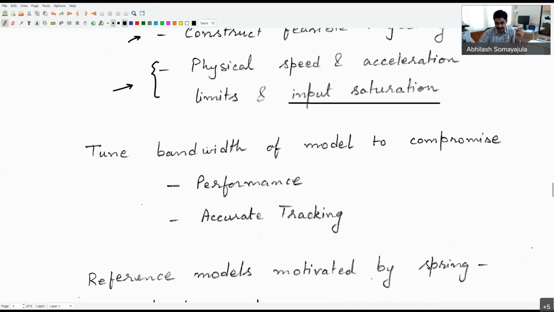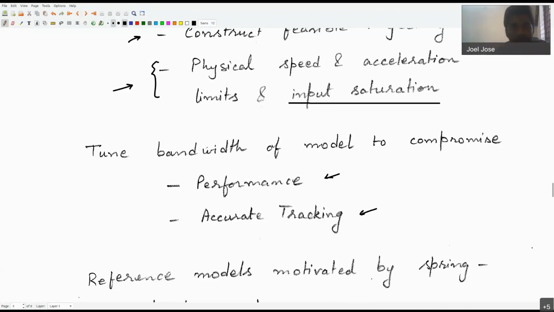And when we tune that, what happens? Either we are doing accurate tracking or we are doing high performance. When we have a very high bandwidth, what does that mean? When I have a very high bandwidth for a filter, what would that mean? Maybe high frequency inputs are also given to the model.